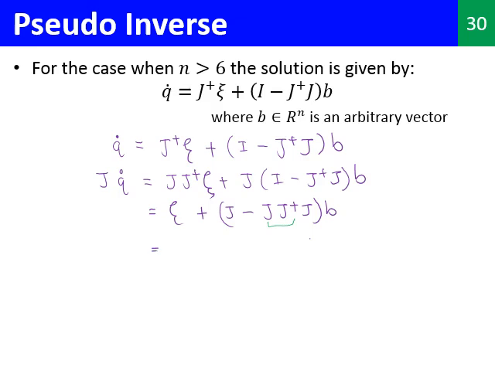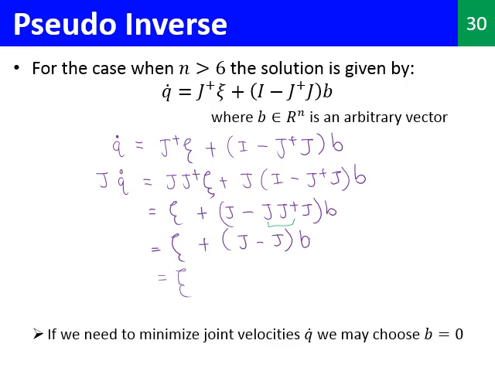So this is equal to c plus J minus J times b, which gives the Cartesian velocities c. So the solution given by the above expression is correct, and if we need to minimize the joint velocities q dot, then we can choose b to be 0, because we are free to choose the b vector, right?